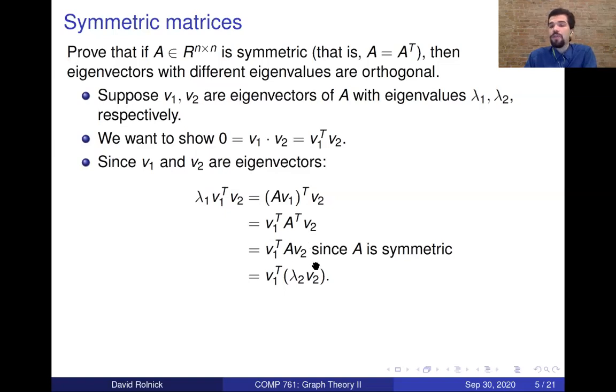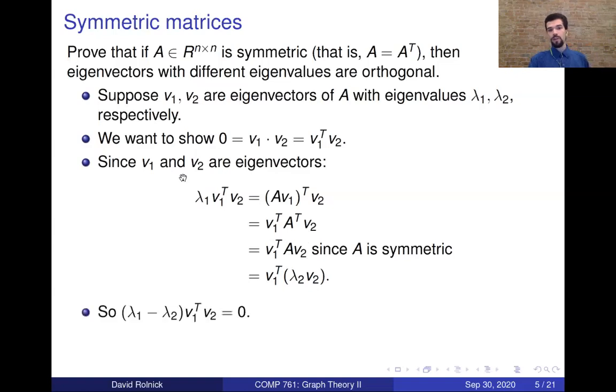And A v2 is something we can also deal with because v2 is an eigenvector as well. So now we end up with lambda 2 times v1 transpose v2. We started out with lambda 1 v1 transpose v2, and now we have lambda 2 v1 transpose v2, just because A is symmetric.